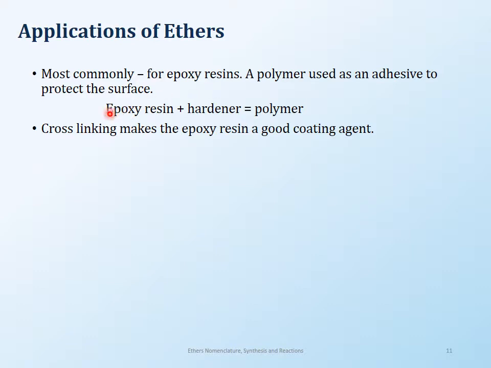So you have an epoxy resin with a hardener, which causes a polymer to form, and once that polymer is formed, you're ready to coat it onto whatever surface, and it makes a really very good polymer agent. So you have different kinds of polymers, straight chains, and then you have cross-linking polymer also, which makes for very good surfaces. It really protects the surface.